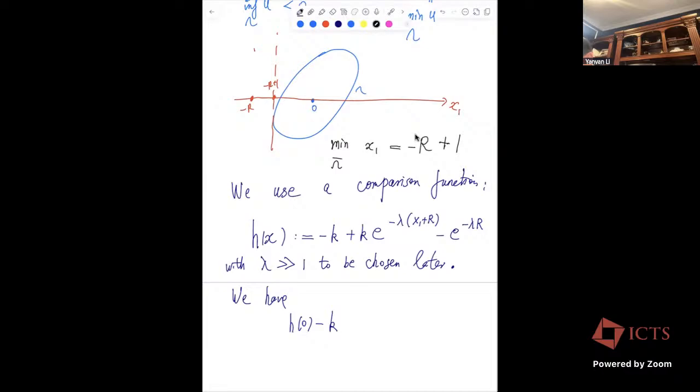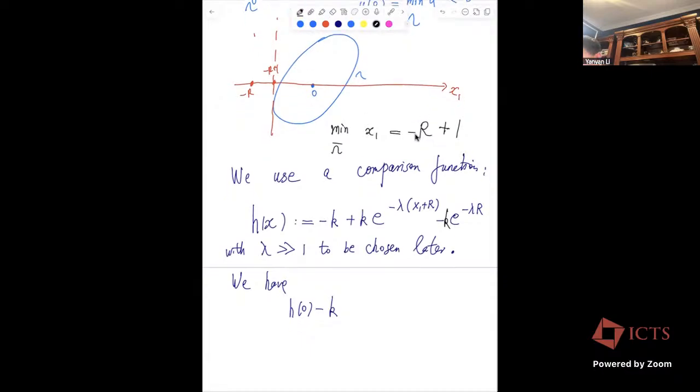So x1 is 0, and h of 0 is minus k, because when we put x equal to 0, the last two terms cancel.